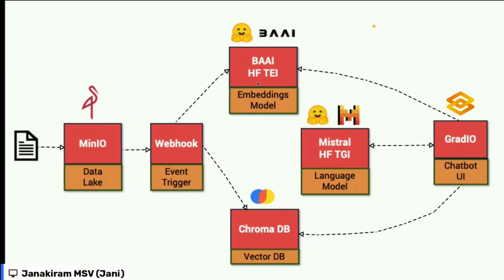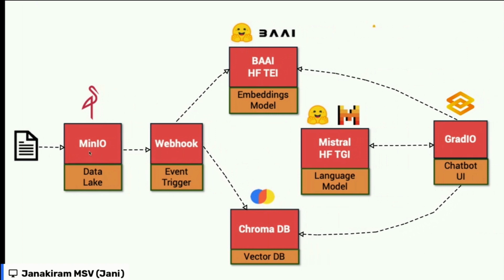So here is the big picture and the architecture which I have been sharing on LinkedIn. So this is the PDF. We upload the PDF to the data lake, which is MinIO. And MinIO, just like Amazon S3 supports Lambda as an event trigger, supports a variety of event triggers, and I have chosen webhook.